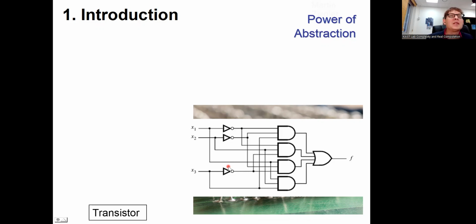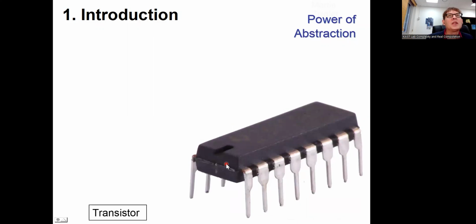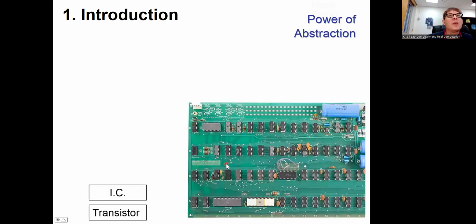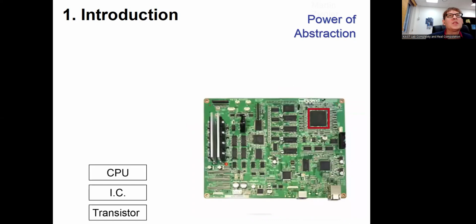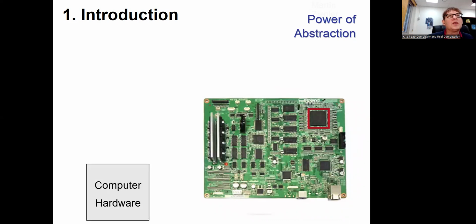Now, combining such Boolean circuits into one single integrated circuit is the next level of abstraction. Then combining such integrated circuits into more powerful functionality, such as an arithmetic logical unit on a board, and then even more abstract, putting all these things together into a central processing unit, which is in turn part of a motherboard with memory, and all these things constitute computer hardware.